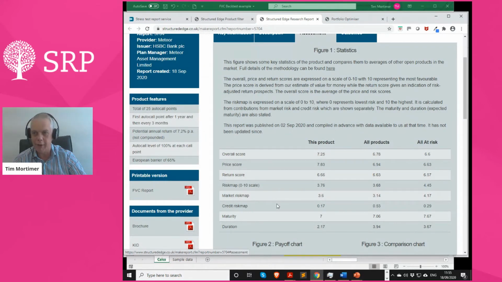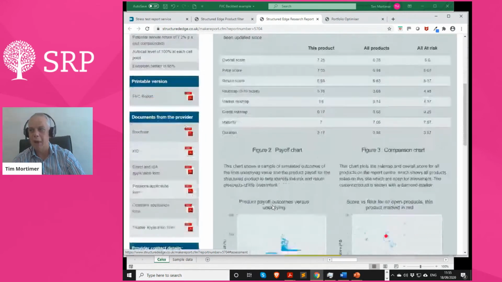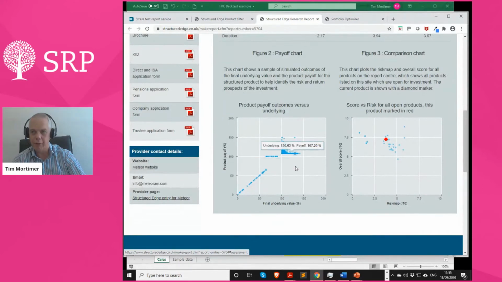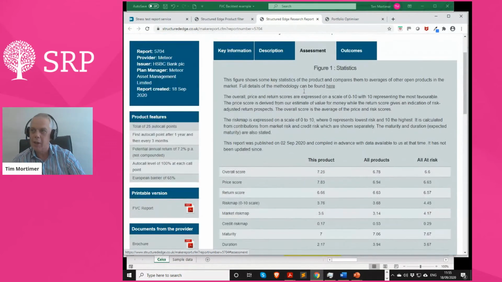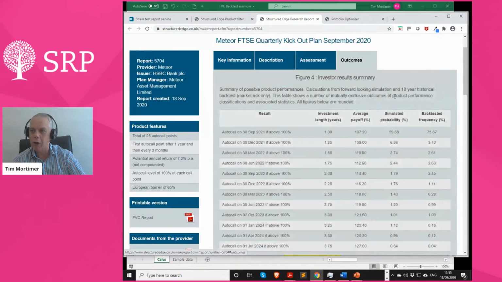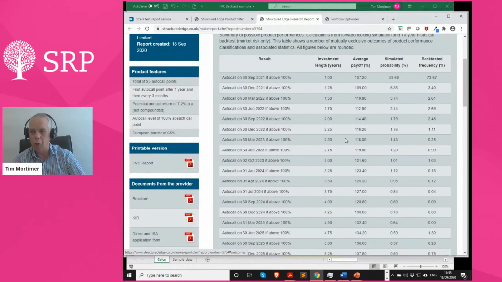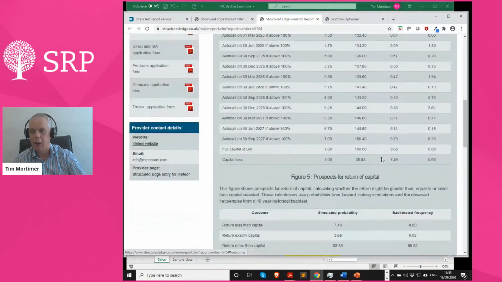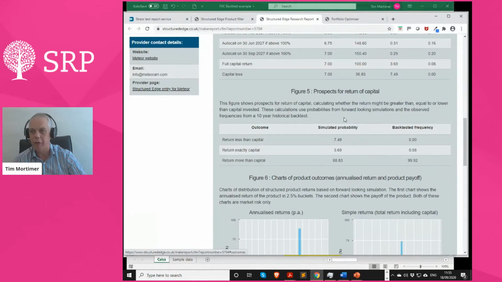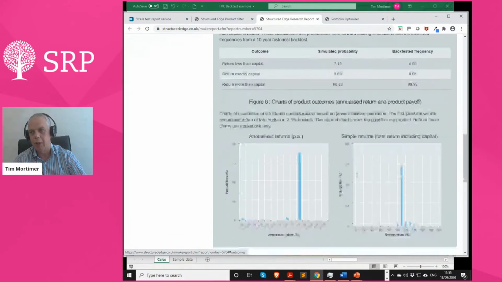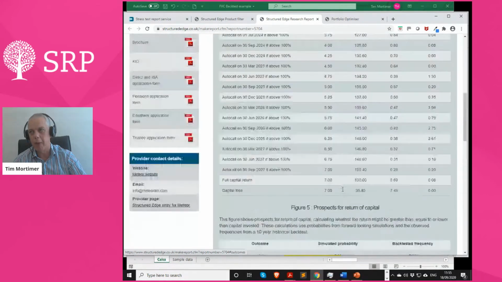So score ratings, risk ratings, and then a couple of charts. And you can see this is similar to the charts that appeared on the stress test report. And then for outcomes, so this one's got a lot of call dates, and we show probabilities simulated and back tested, and then chances of returning of capital, and then another chart.